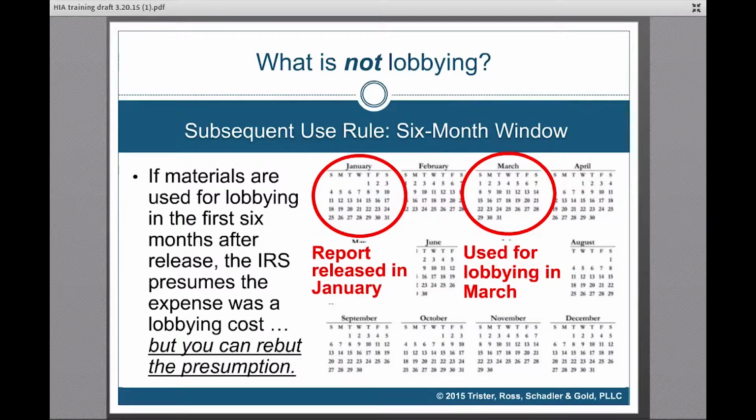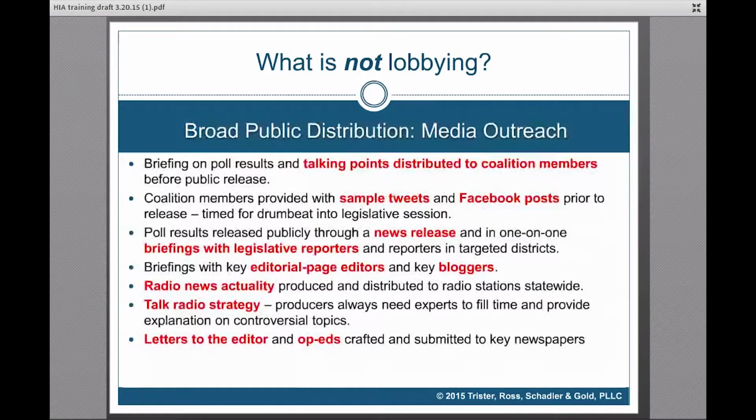The HIAs that you all work on are very robust, but that doesn't necessarily mean that it qualifies for the nonpartisan analysis, study, and research exception. You need to have data on all of the key questions that are relevant to the issue so that the reasonable reader can form an independent conclusion.